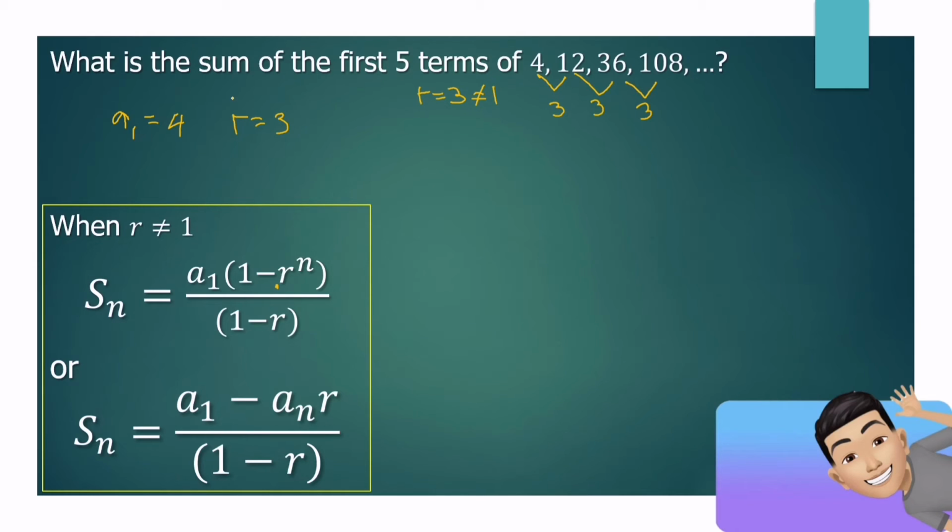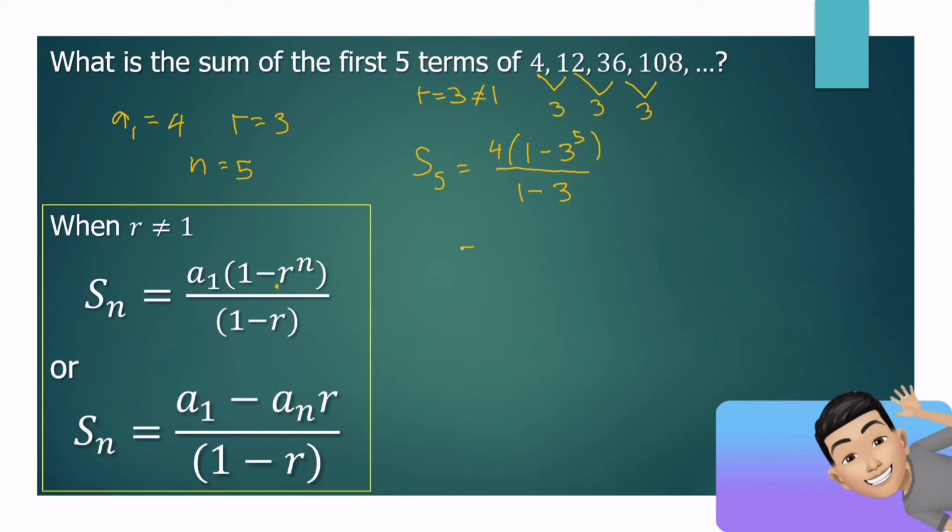And ano pa bang kailangan natin? N. Ilang terms yung i-add natin? 5. No? So, we have S sub 5 equals 4 times 1 minus 3 raised to 5, quantity over 1 minus 3.